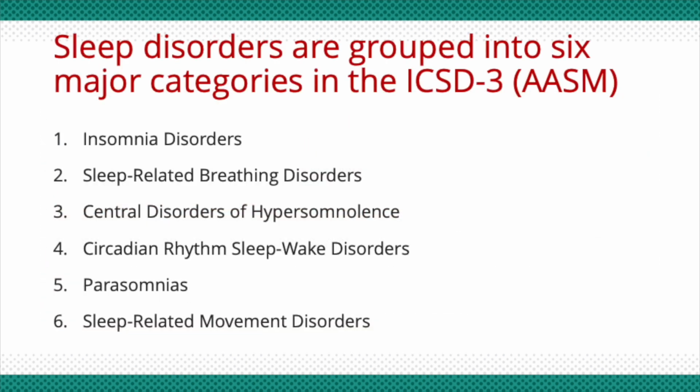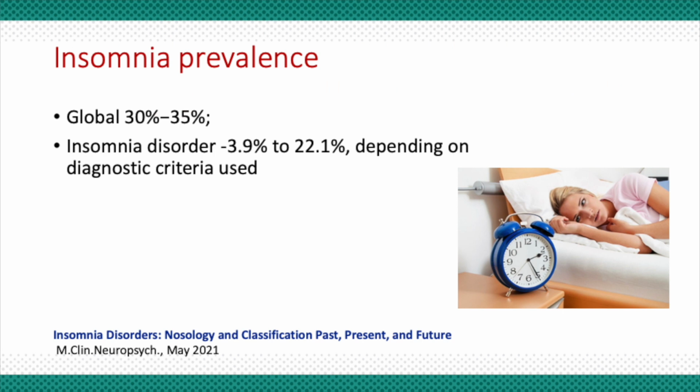Sleep disorders are classified by the International Classification of Sleep Disorders into 6 various types. This classification has undergone a bit of a change in the past, and there were ICSD 1, 2 and now the 3 classification, and insomnia forms a huge bulk of these classification disorders.